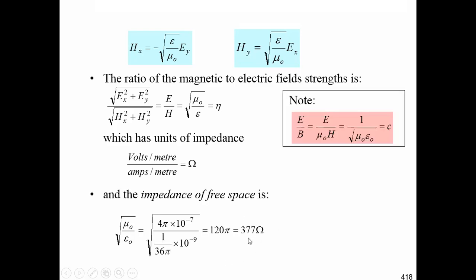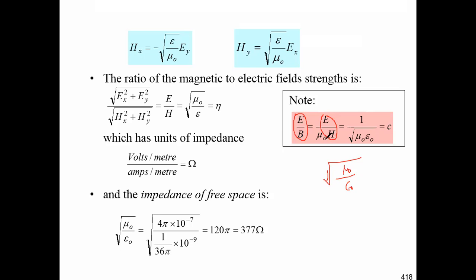How much is the value? 377 ohm. E by H is 377, and E by B is another very important relation. See, B is mu naught times H. So E by H is under root mu naught by epsilon naught, and mu naught is divided.